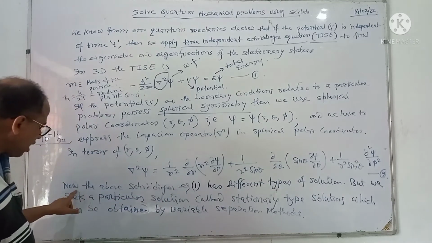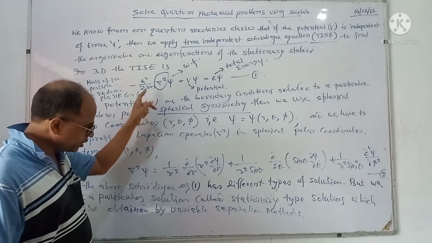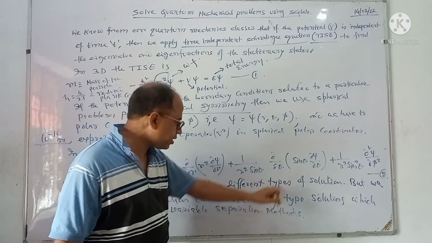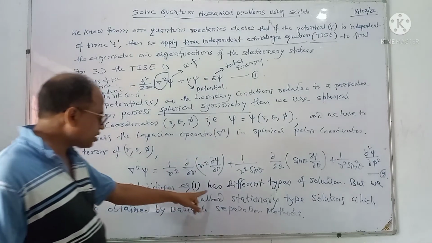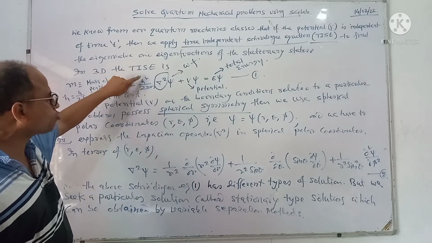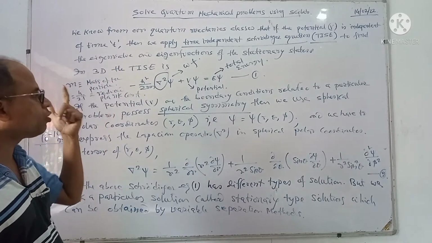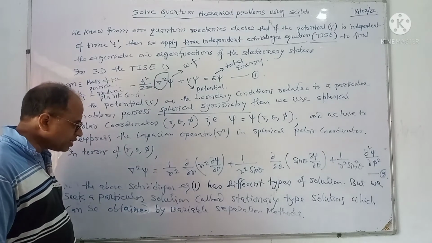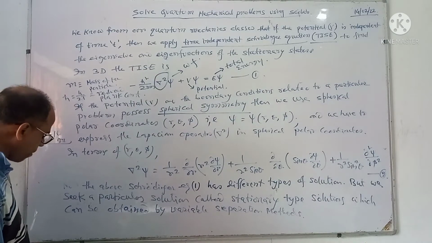Now, the above time independent Schrodinger equation has an infinite number of solutions, but we are interested in a particular type of solution. That type of solution is called the stationary type of solution.